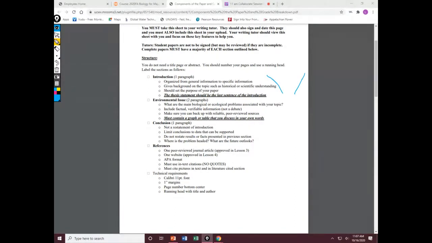Okay, so I'm going to start with my big information and end at my very specific information. And we see that as my first bullet point here, right? So if my topic is climate change effects on reindeer, okay, then I might start by doing things like defining climate change.